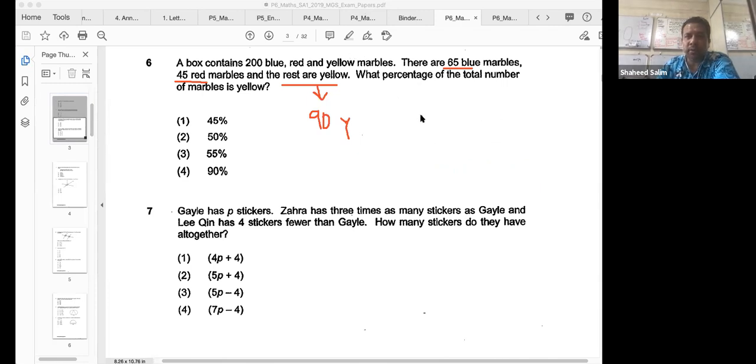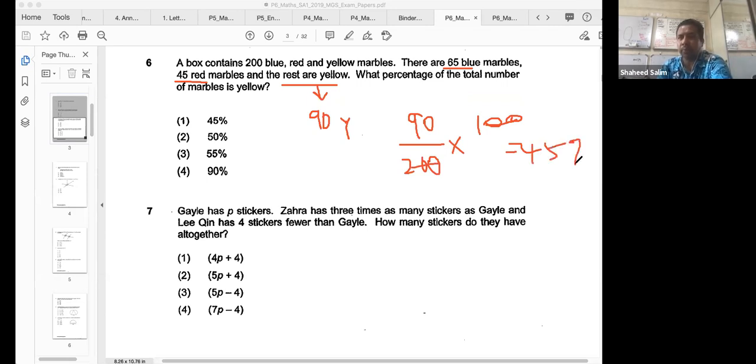What percent of total number is yellow? So 90 over 200 times 100. So 45%. Are you okay, Putri? Yes. Number 6 is that.